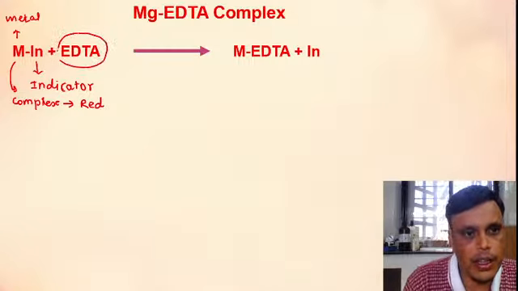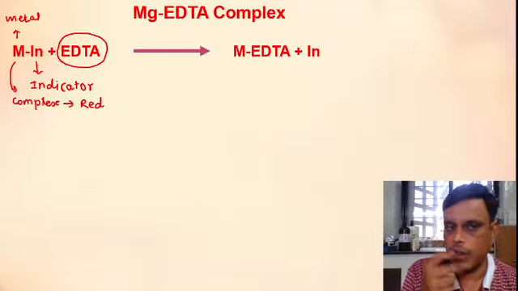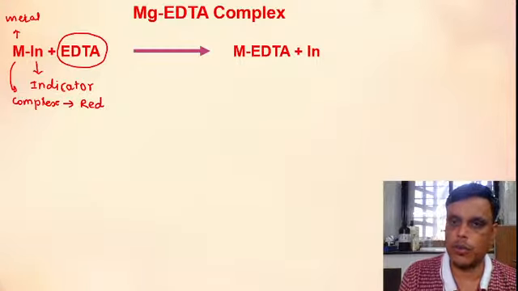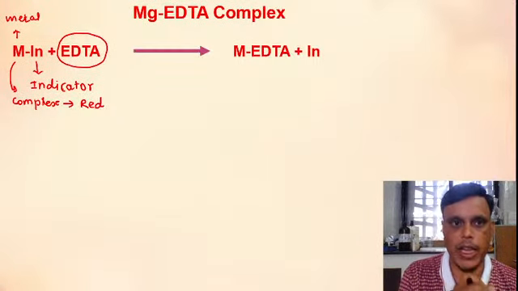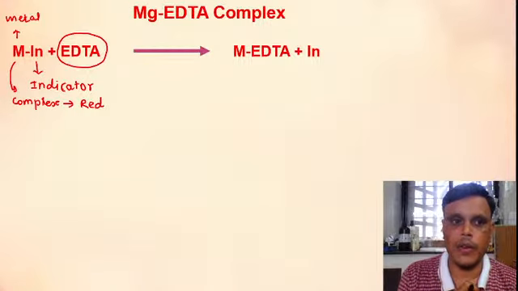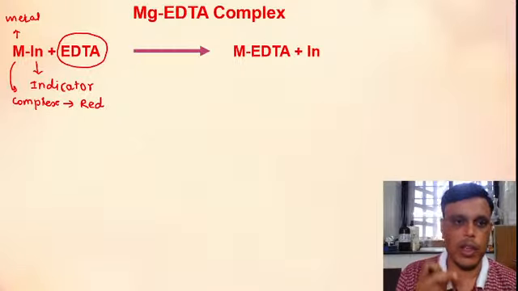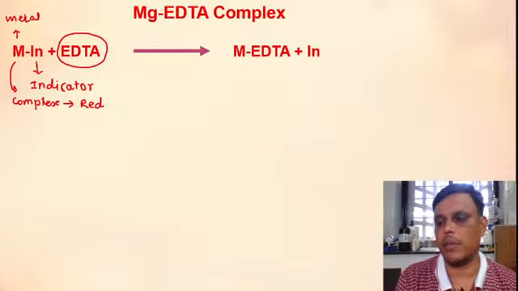We are adding EDTA to the complex which we have taken in the conical flask. The color of that solution is red because the metal indicator complex, or magnesium indicator complex, is a red colored complex. We are adding EDTA from the burette dropwise.